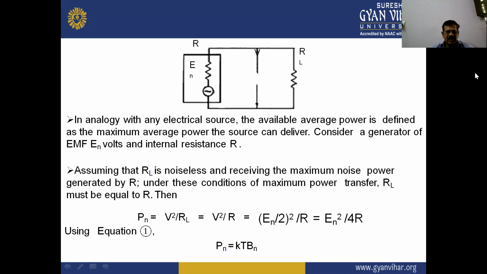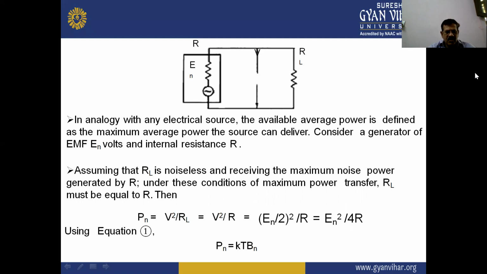Consider a generator of electromotive force En volts and internal resistance R, assuming that RL is noiseless and receiving the maximum noise power generated by the resistance. Under these conditions of maximum power transfer, load resistance must be equal to resistance.